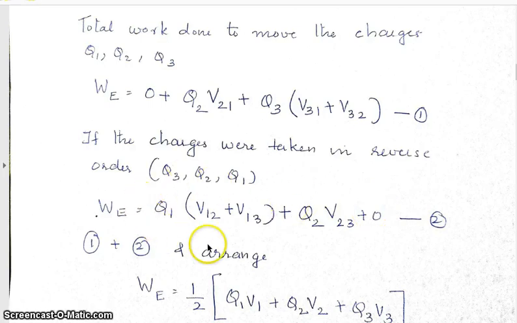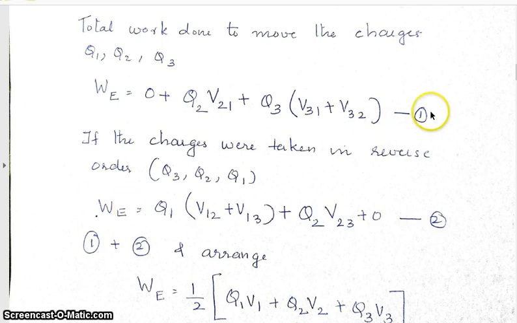And third, you are moving Q1 to that region. Now in that region you will have Q3 and Q2. So V12 represents a potential difference on Q1 due to Q2, and V13 represents a potential difference on Q1 due to Q3. So now the total work done is the sum of these three terms.